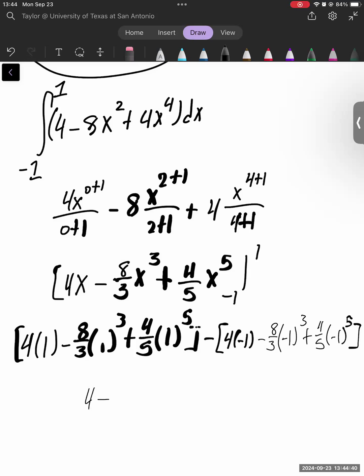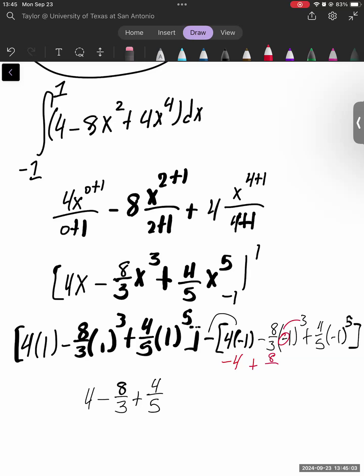4 minus 8 over 3 plus 4 over 5. Sending this in, this would be negative 4. This is plus because of this negative cubed. It still stays negative.